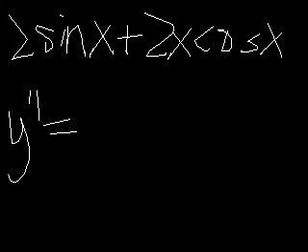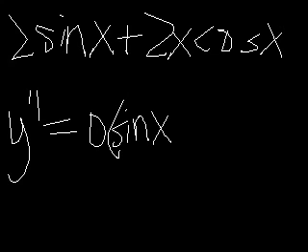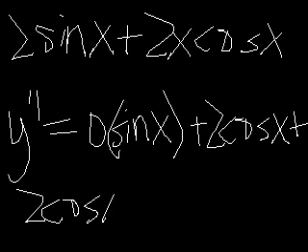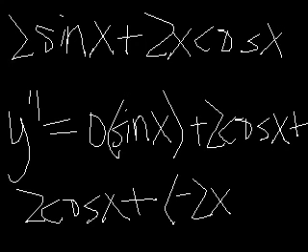Let's do the derivative of 2 is 0 times sine x, plus 2 cosine x, plus, because now we're at the plus sign, then 2 times cosine x, plus 2x, or plus negative 2x sine x.